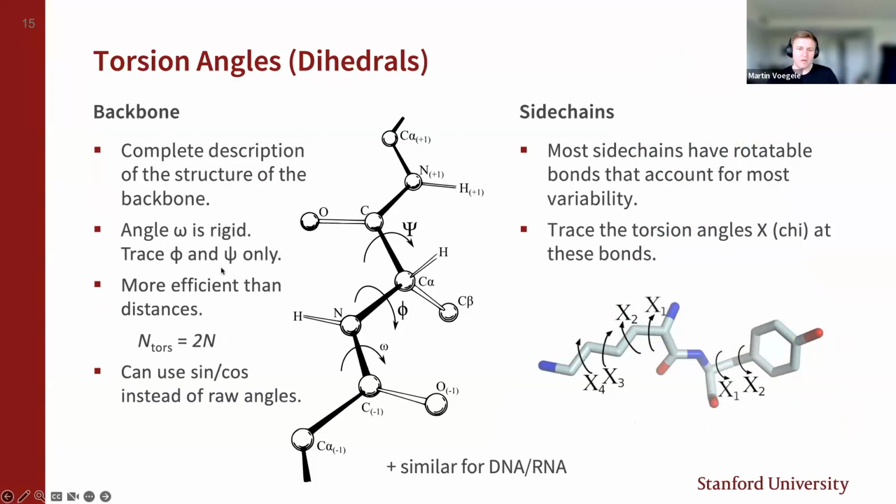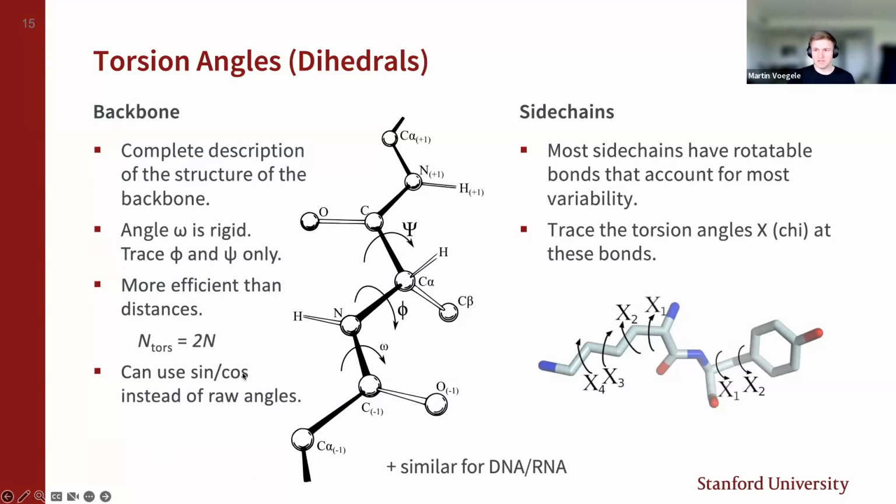This angle omega here is usually rigid, so we don't even have to include it. So we only trace phi and psi usually. This is much more efficient than distances, because if you grow your number of amino acids in your protein chain, this only grows proportionally.